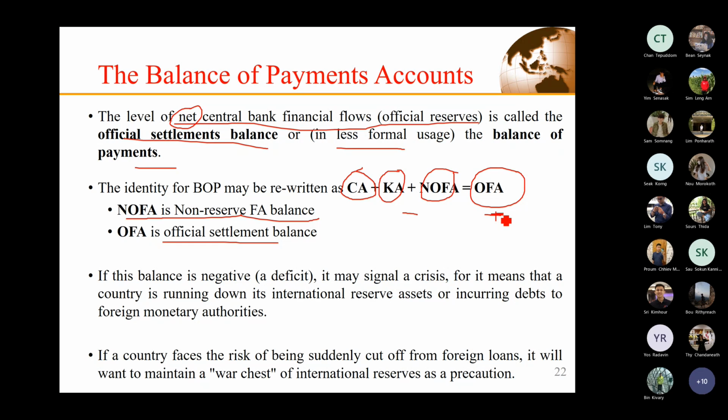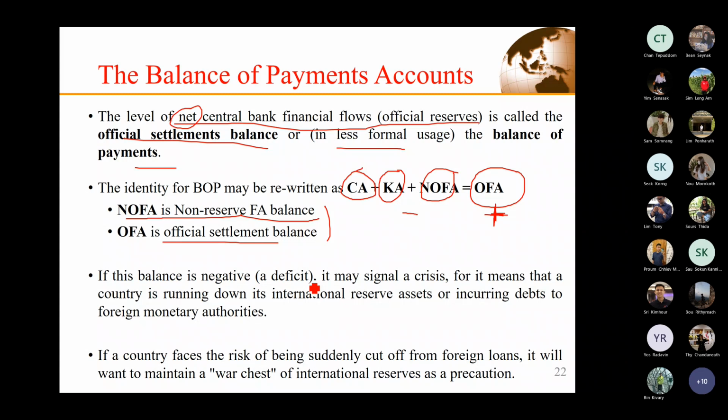When you add them up, it equals 0. So this one would be plus, because when you try to add them up, it will be 0. Remember what we had last time. I just split the financial account into two sub-accounts: the one that is carried by the central bank and the other which is not carried out by the central bank.